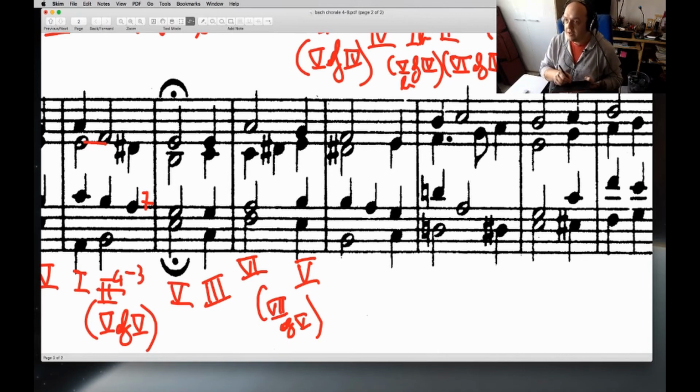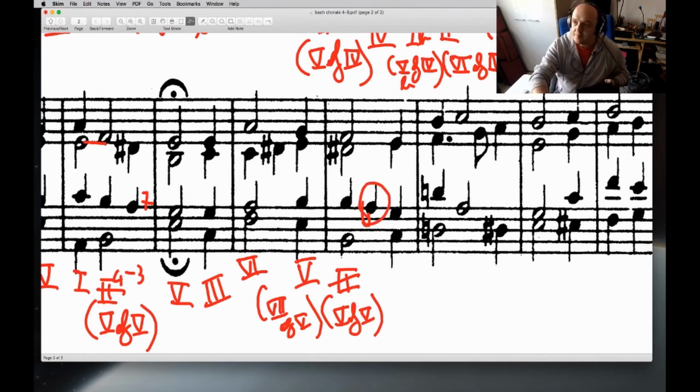Again, then here I just have a simple two chromatic functioning as 5 of 5, passing 7 right here. 2 chromatic, 5 of 5, so it wants to go to 5, which is E, but where does it go instead?